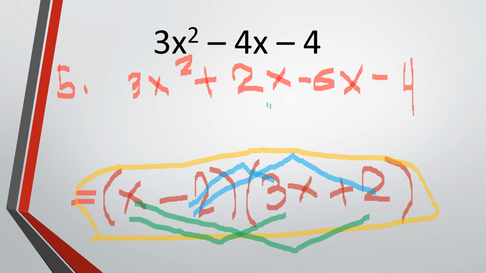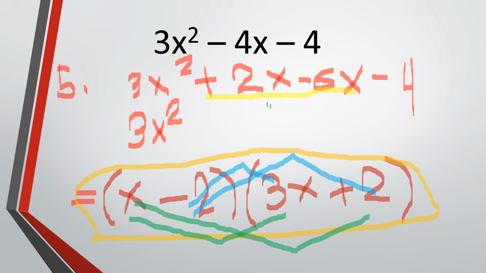Alright, now copy the first term. We have 3x squared. Combine the middle terms. We have positive 2x minus 6x. Take note, they have different signs. That means we have to subtract.